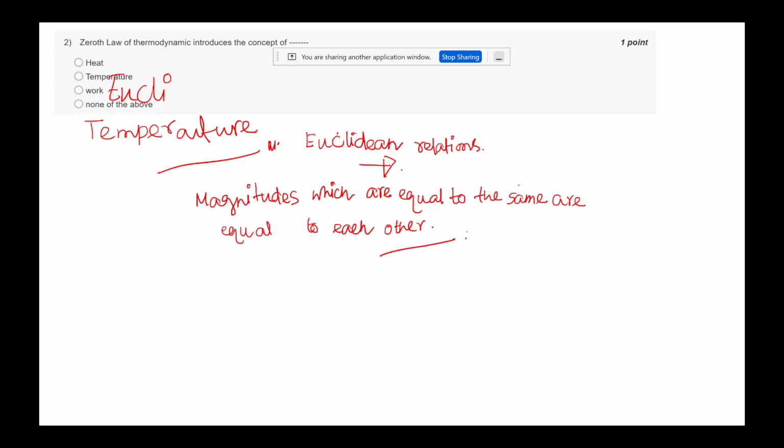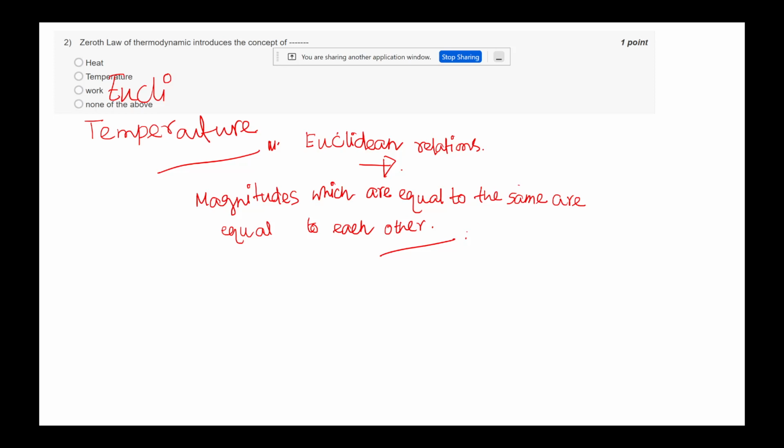That means, just dive deep into the statement. We are assigning some value to a variable. We are talking about some value of a variable, and they are the same in magnitude for two systems. Then we can say they are equal to each other. Just think about the logic of this statement.